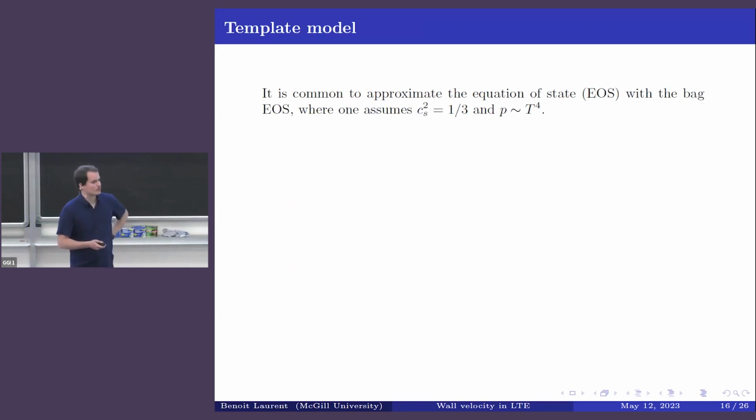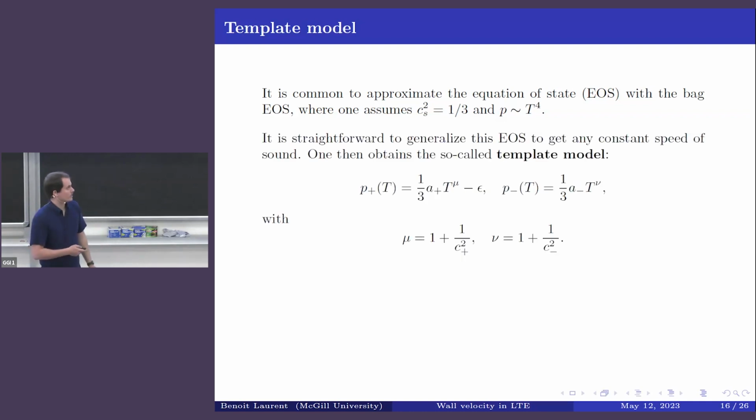But it turns out that we can approximate it very effectively by a very simple equation of state. One of the most used ones is the bag equation of state, where the plasma is radiation dominated, so that the speed of sound squared is 1/3, and the pressure is proportional to the temperature to the fourth.